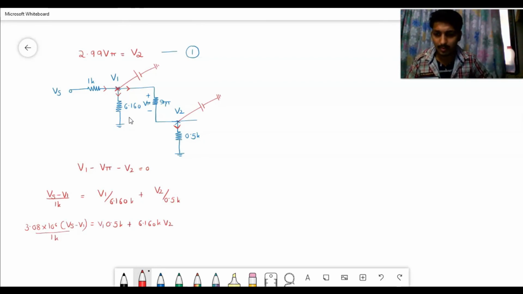So now it's going to be more complicated because the equation is far long. 3.08 into 10 raised to 6, Vs minus V1, so 1k there, 0.5k, 0.5k into 10 raised to 3 into 1k, so it will be approx 10 raised to 3, and V1 0.5 into 10 raised to 6 plus V2, you can see 6.160 into 10 raised to 6.